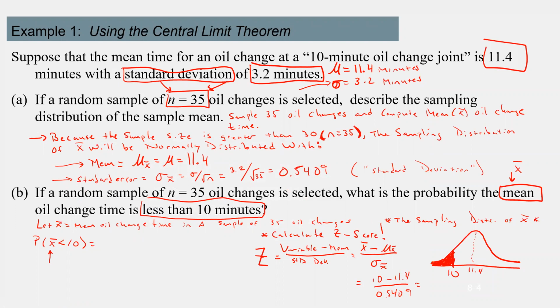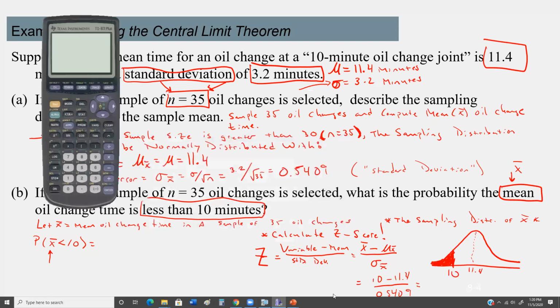Let's grab that trusty calculator. Never lets you down. So you're going to take 10. I'll do this all in one step in my calculator. If you're going to do it in one step, you have to put the top in parentheses. So 10 minus 11.4 divided by 0.5409.